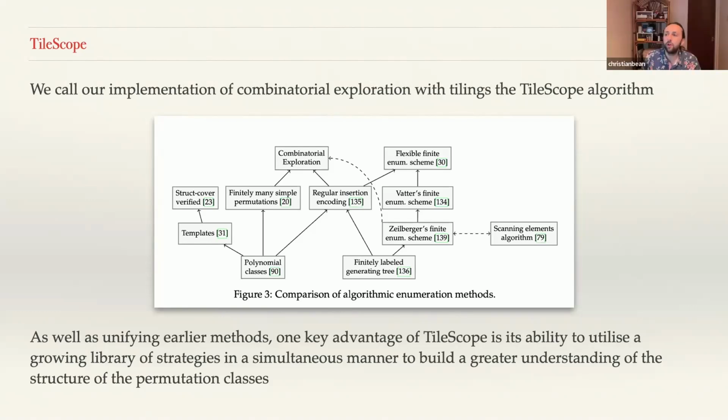Yeah, so in my language, I consider each of these enumeration methods essentially a strategy. And then we apply the strategy to create rules. And so in theory, I can then use any of the strategies from any of the algorithms all simultaneously, and we add some of our own strategies at the same time.